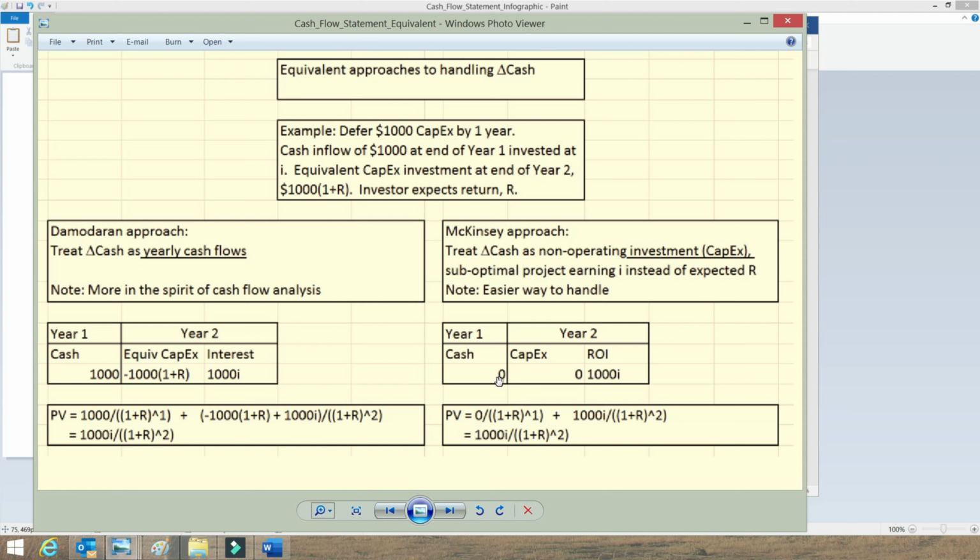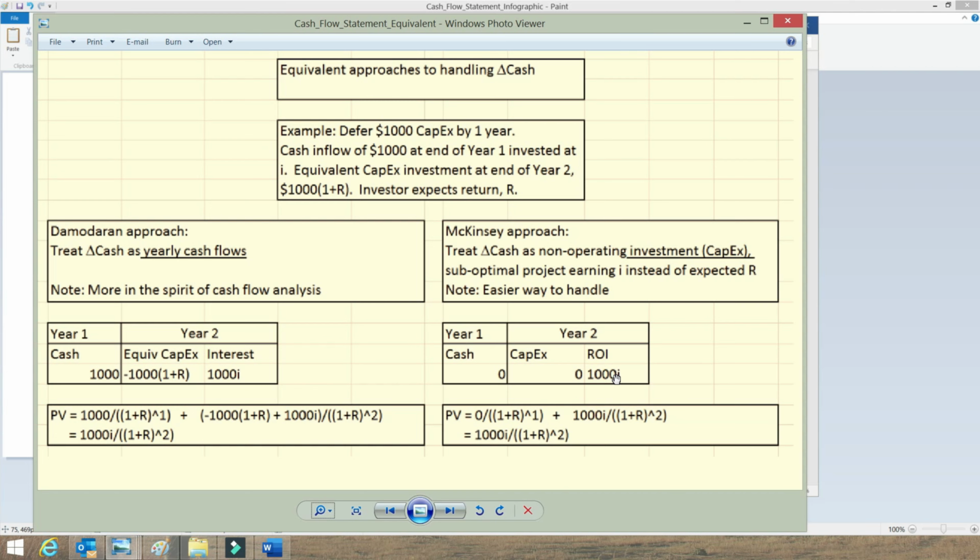So we look at the cash flow results from this way of handling it. Well, the first year there is no cash. It's reinvestment, subtracted off from the available cash flow. Then here in year 2, you still have zero CapEx, but you have earned I on the investment that you've made in a short-term money market.